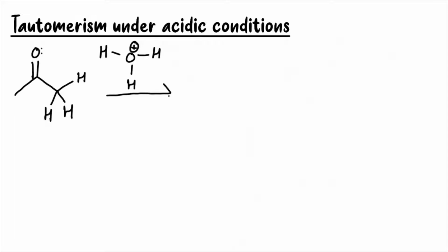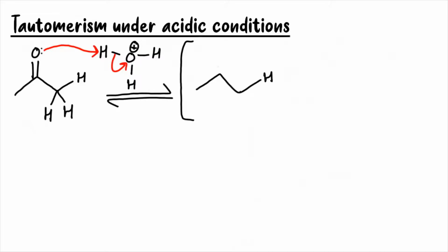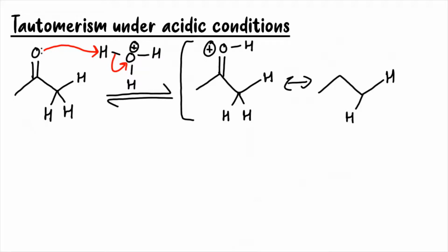So what we see is the carbonyl oxygen is protonated by the acid, which now gives us a cation, which will have two resonance forms. And just as a note, tautomers are different compounds with different structures, whilst resonance forms are different representations of a single structure. So the first resonance form has the positive charge on the oxygen, and the second resonance form has the positive charge on the carbon.